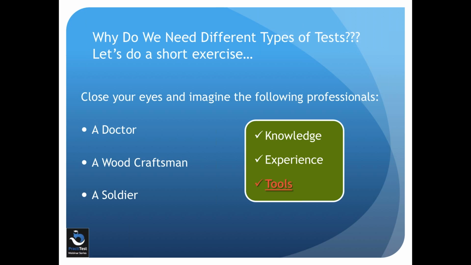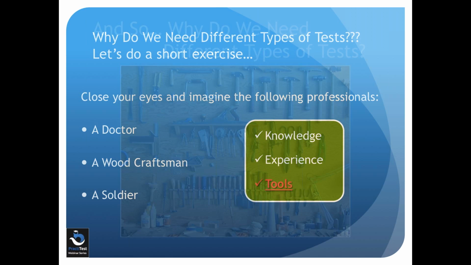But if you imagined it right, you also saw that this person has the correct tools for what he was doing. If it's a doctor, he has a stethoscope, or you saw him in an examination or with a needle or something like that. And obviously a woods craftsman, you saw him working the wood. And a soldier, many people see him in the middle of a fight, either shooting something or doing something like that. Everyone has the knowledge, the experience, and the tools.